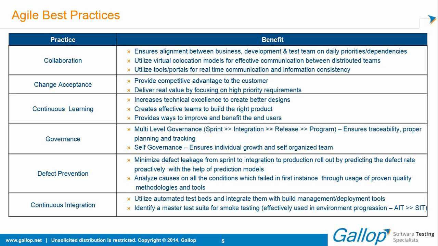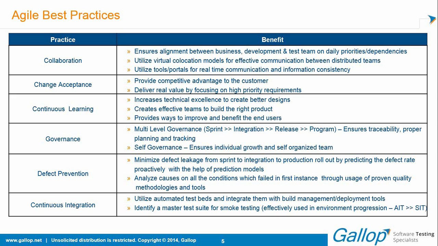Then a centralized governance, because multiple teams are working on various parts of the system, and everyone should follow a common architecture or common processes, and they should have proper guidelines.